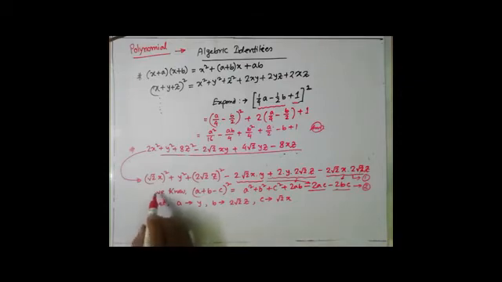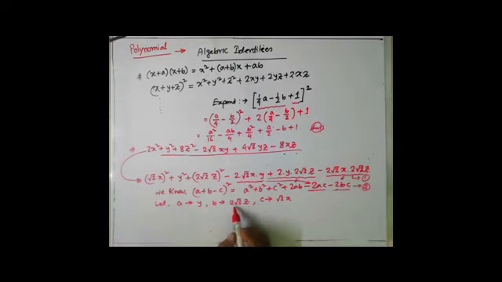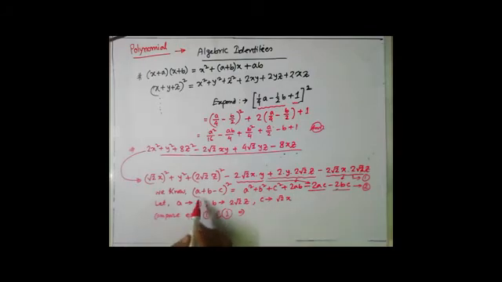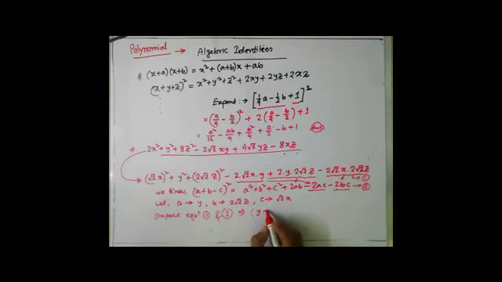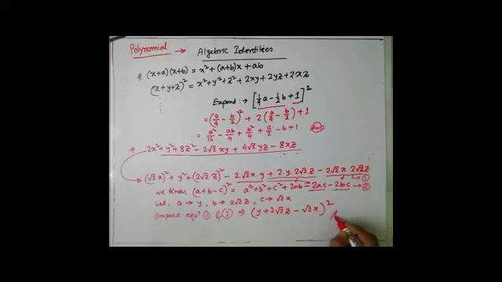So that's why I am comparing these two equations, considering a as y, b as 2 root 2z and c as root 2x. So finally if you compare equation 1 and 2, I can write a plus b minus c whole square. So a is y plus b is 2 root 2z minus c, that is root 2x, that's whole square. That is the answer.